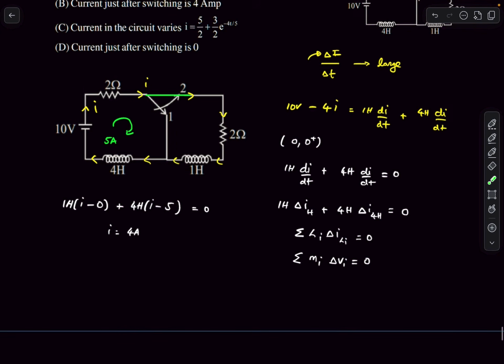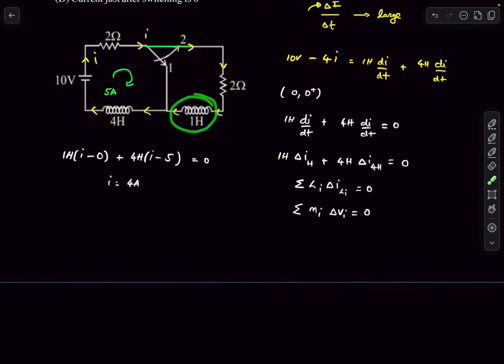If they are mutually aiding, then because of the 1 Henry inductor's flux, the induced EMF on the 4 Henry inductor will be the mutual inductance multiplied by di1 by dt. Similarly, because of the other one on the 1 Henry inductor, it will once again be M times di2 by dt. I know that I1 equals I2, but we're differentiating them separately because the change in current is going to be different for both inductors, right?